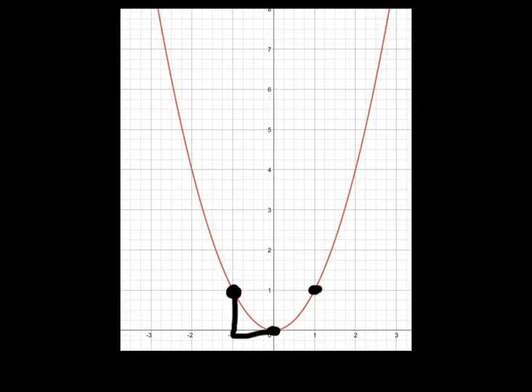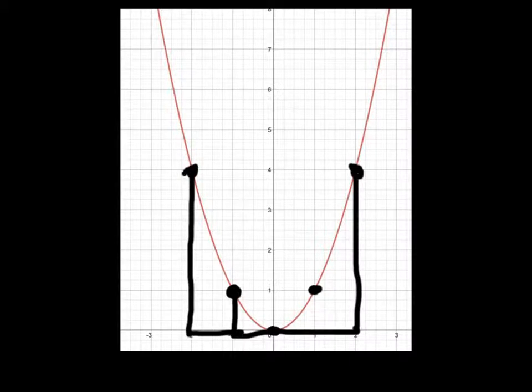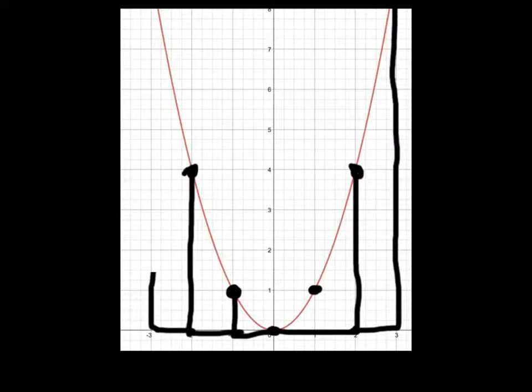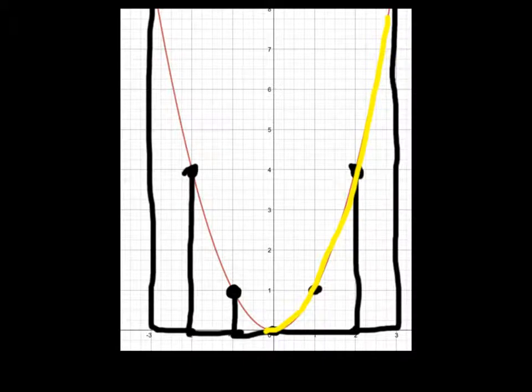If I put in a 2 and square it, what do I get back? 4. So I come up here, there's another dot. If I put in a -2 and square it, I get back a +4. If I put in a 3 and square it, and it's going to go up until I don't have any more room left, but I'll get back a 9. That is how you create the graph of y equals x squared. Notice it's a curve, it is not a point down at the bottom.